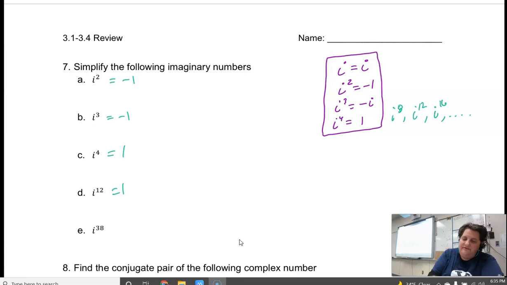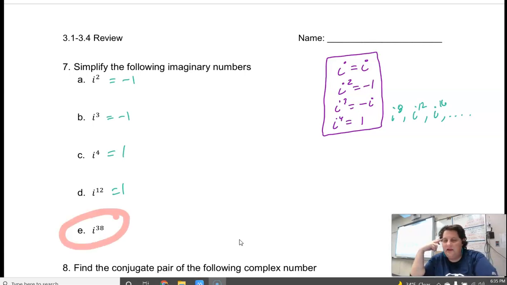So if I'm trying to find i to the 38, I think, what's the closest multiple of 4 to 38? Now, you could pick 36, you could pick 40, it's completely up to you. Let's say I pick 36. It would go like this. i to the 36 goes there. 37, 38.